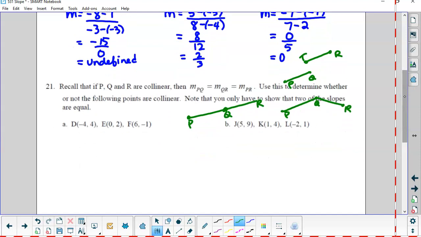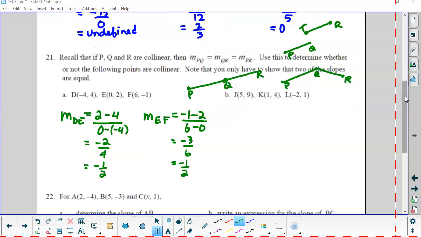So here in DEF, I'm going to find the slope of DE and then the slope of EF. Okay? So you do that. Okay, so when you calculate the 2 different slopes, you'll notice that the values are the same.